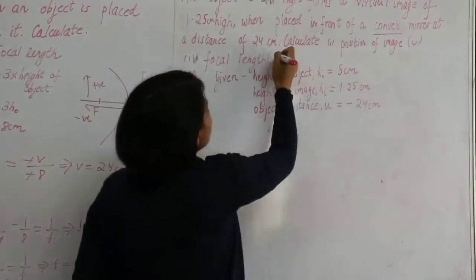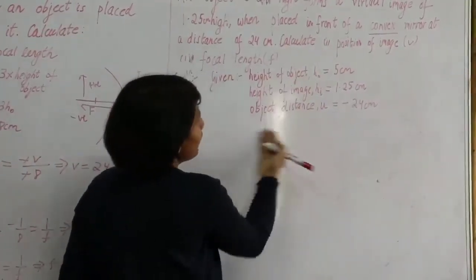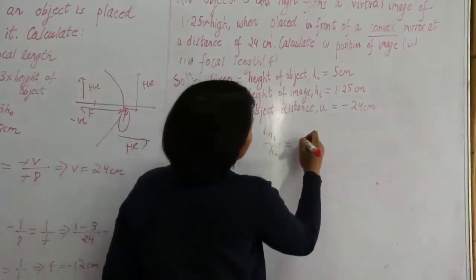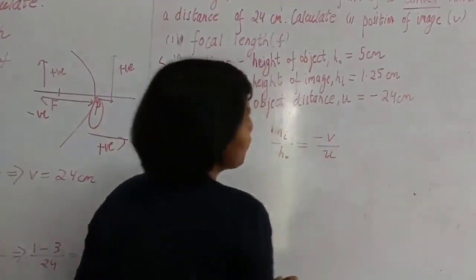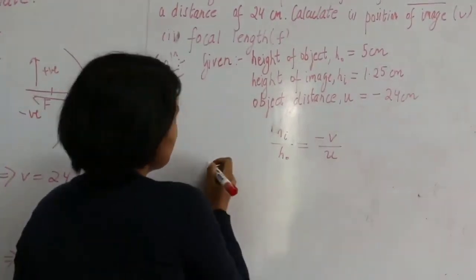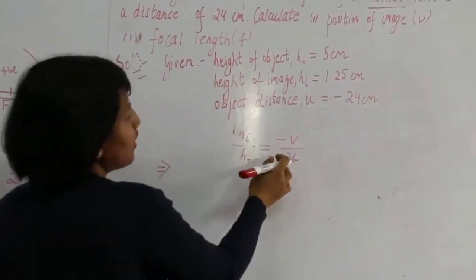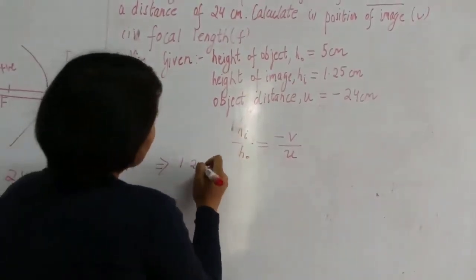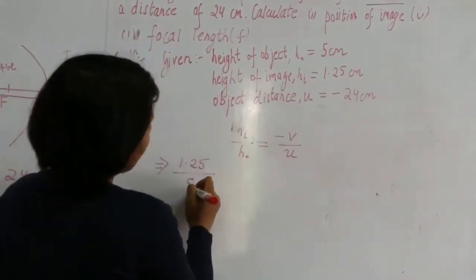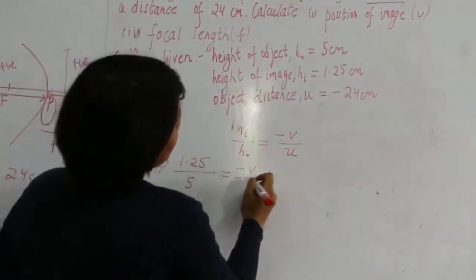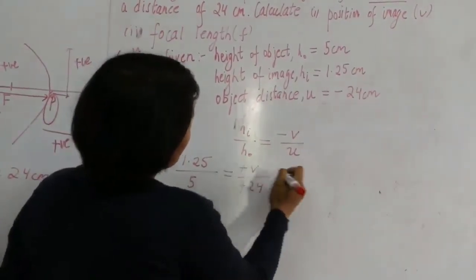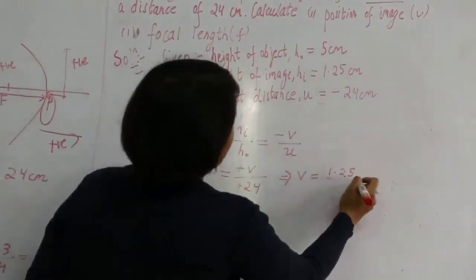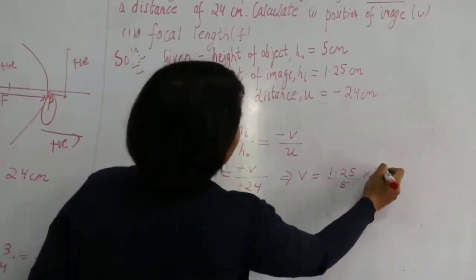We'll find v first with the help of magnification, that is hi by ho is equal to minus v by u. Remember, for v, do not put any sign because it will come by itself. Now hi is 1.25, and ho is 5, and u is minus 24. So v is equal to 1.25 by 5 into 24.